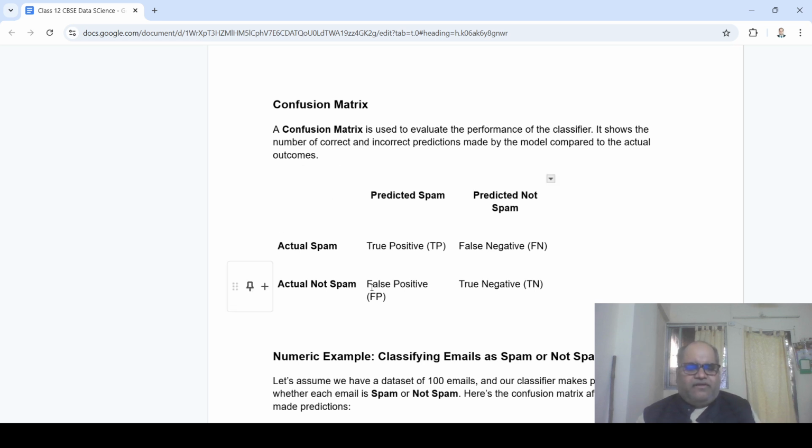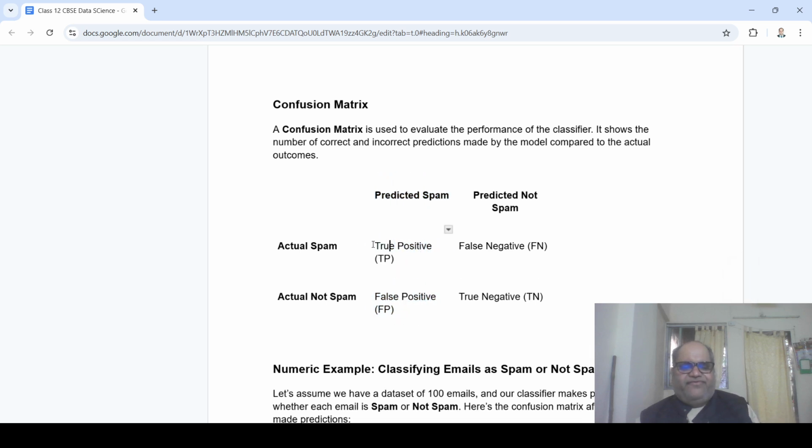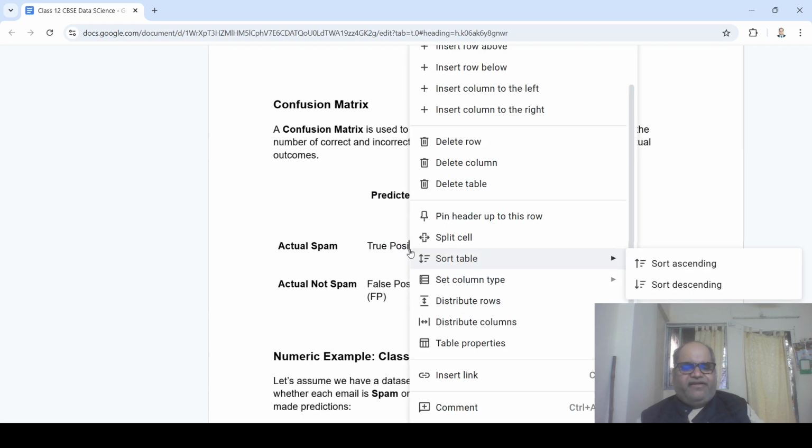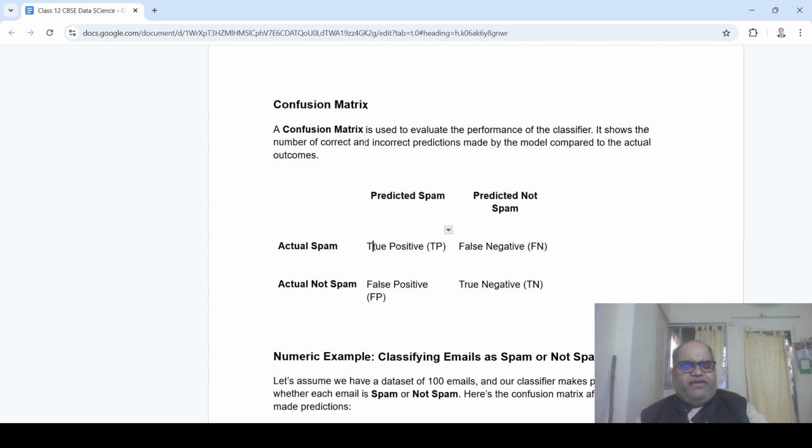If you look at this one, if your model also predicts it as spam, so where it is actually spam and the model also predicts spam, this is what we call true positive.